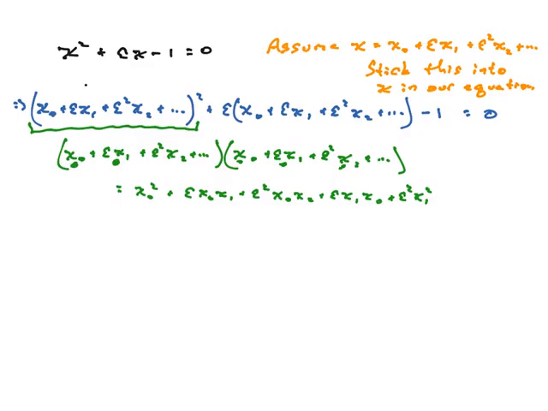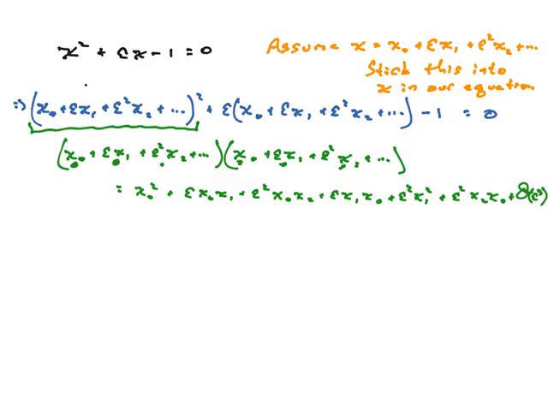I ignore him. So anything more to the right is going to give me bigger and bigger powers of epsilon. I'm just going to ignore it for now. Then I move to the next one. Epsilon squared x2 times x naught gives me an epsilon squared x2 x naught. And then if I hit him on any of the next terms, again, I get higher orders of epsilon. I don't care. So plus order epsilon cubed.